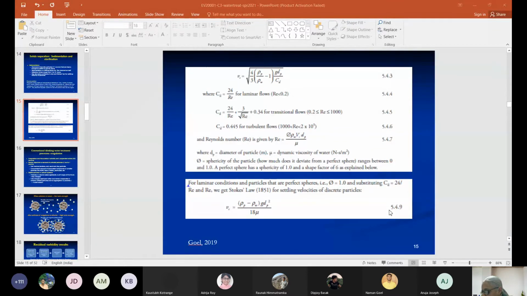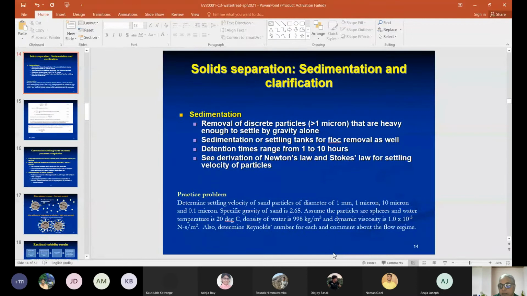Will somebody do it for 10 millimeters? Is 10 millimeter there in the question? Okay, so I asked you 1 millimeter. Somebody do it for 10 millimeters.